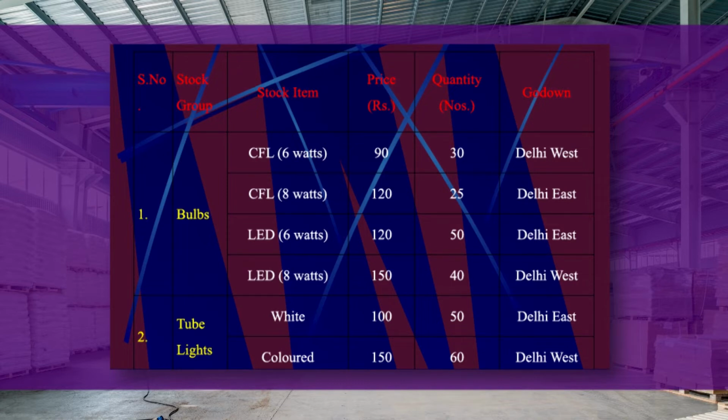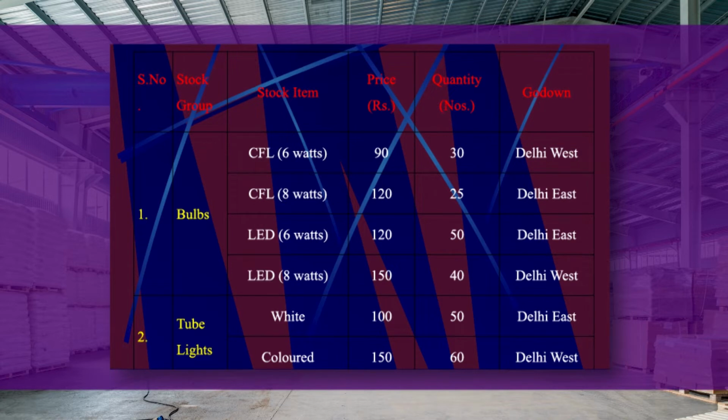These are measured in numbers. As you can see, quantity is written in numbers and price is written in rupees. One bulb of 6 watt is of 90 rupees and quantity available is 30. One CFL of 8 watts is available at a price of 120 and the quantity available with Surbi Limited is 25.